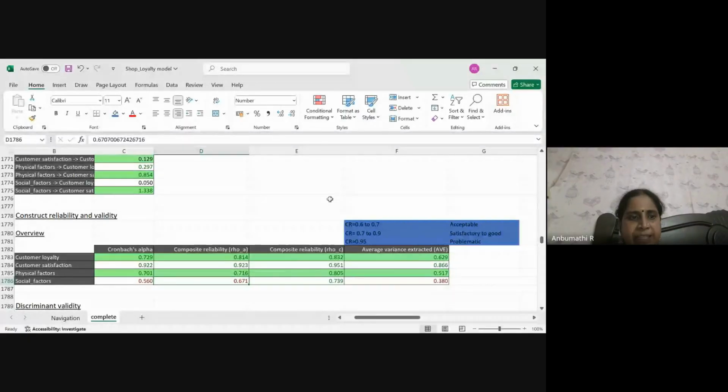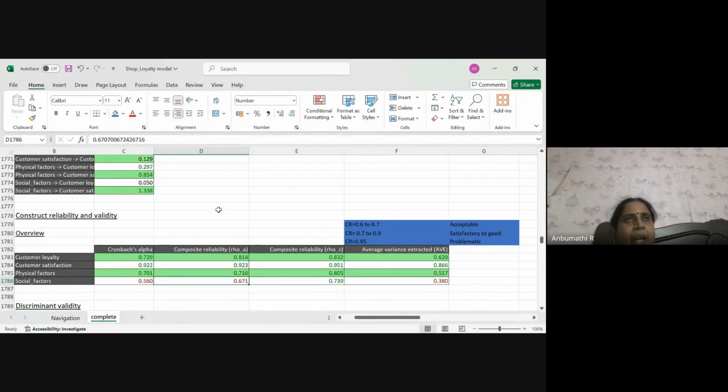Okay. So after seeing this composite reliability, what is composite reliability? Composite reliability establishes internal consistency reliability. So this is established. Then you need to see the convergent validity.